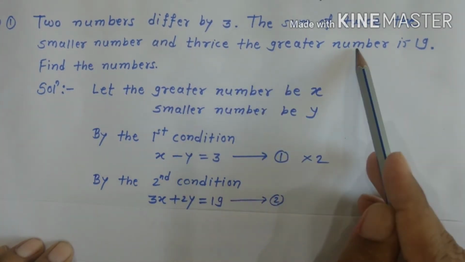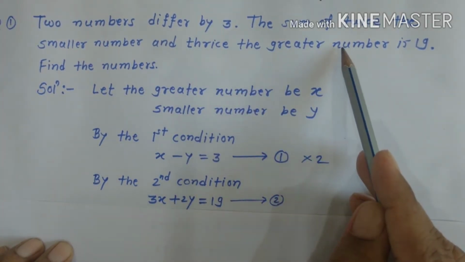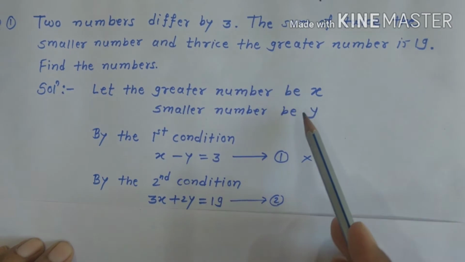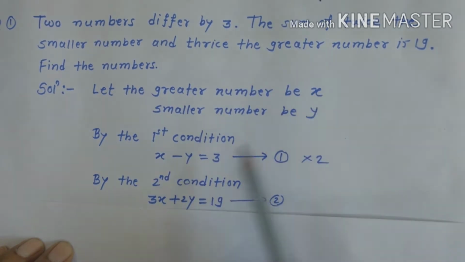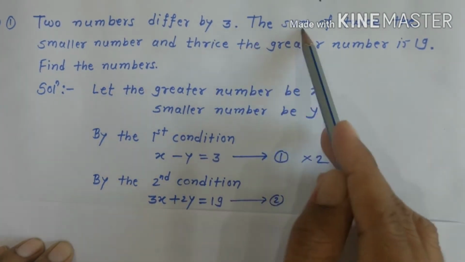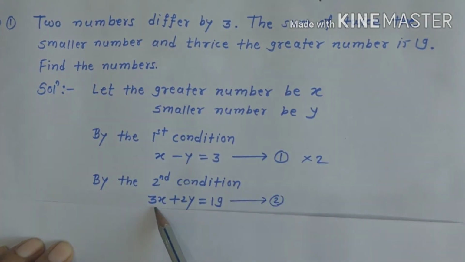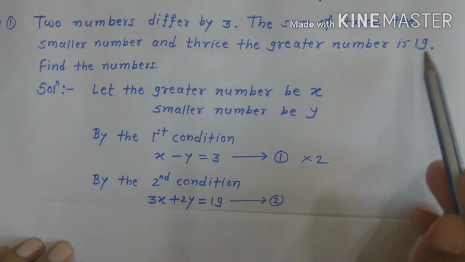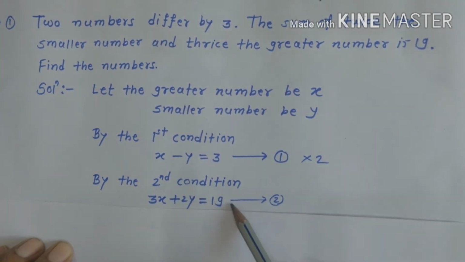And thrice the greater number means 3 times x, therefore 3x. And sum means addition, therefore according to the second condition, our second equation can be written as 3x plus 2y equal to 19, because the sum is given as 19.